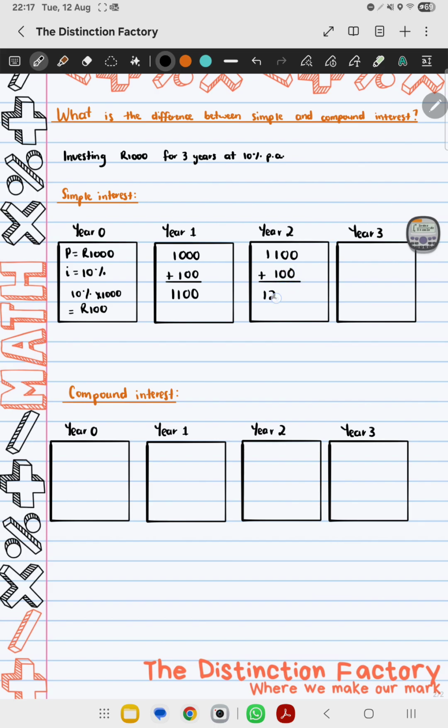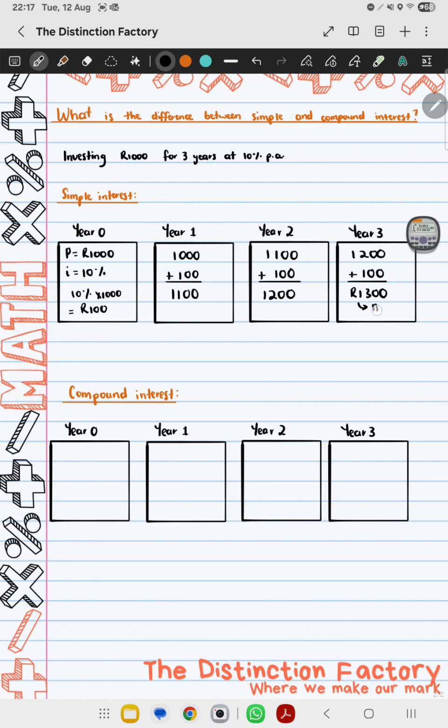So that gives us 1,200 Rand. In year 3, the same concept is followed. We have 1,200 Rand, and we are adding 100 Rand interest on top of that. So at the end of year 3, we will have 1,300 Rand in our account.